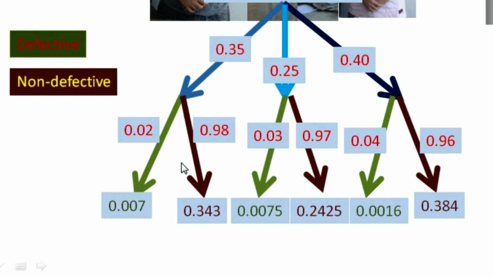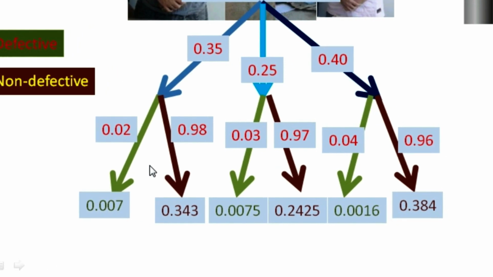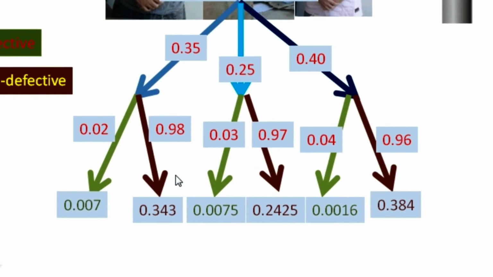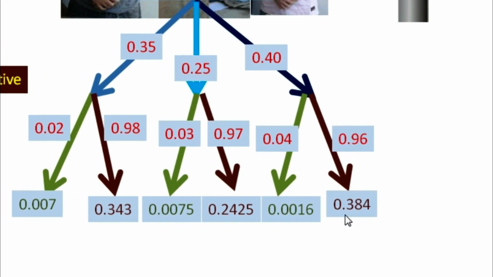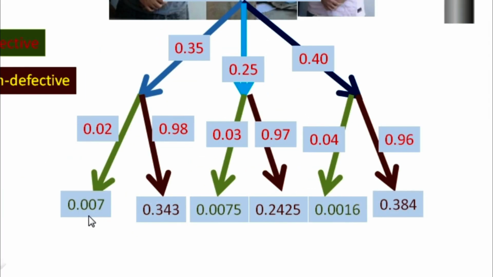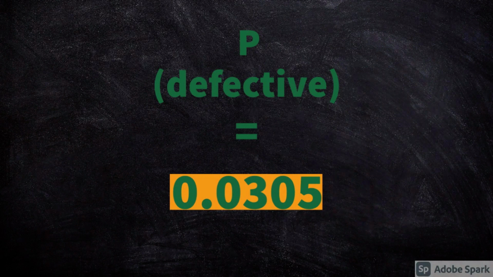Since the question already says that it's only defective, that means we don't consider these 3 paths that are non-defective. That means our divisor now is 0.007 plus 0.0075 plus 0.016, which we already calculated a while ago, 0.0305.